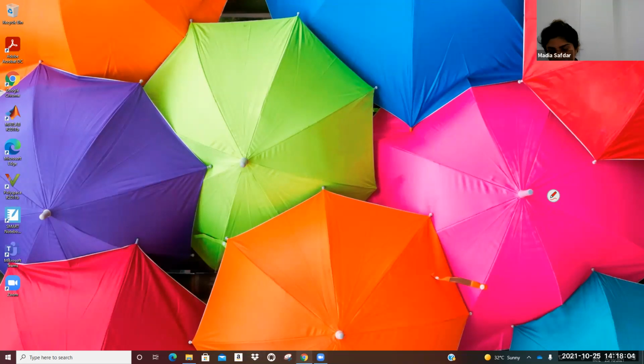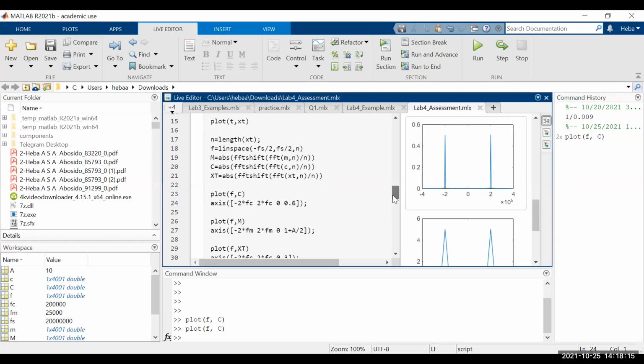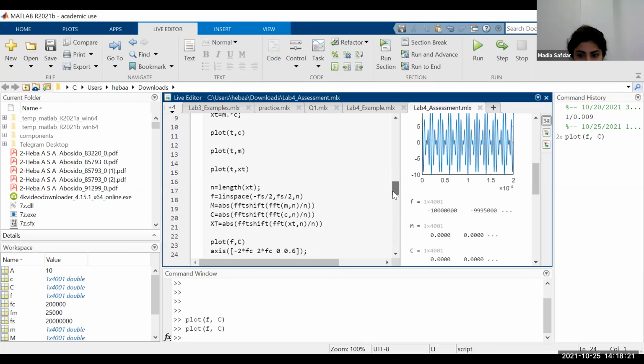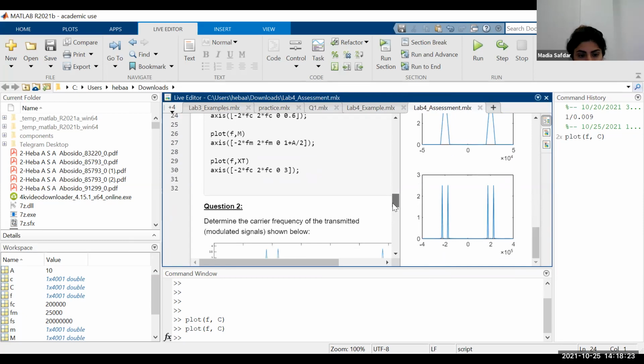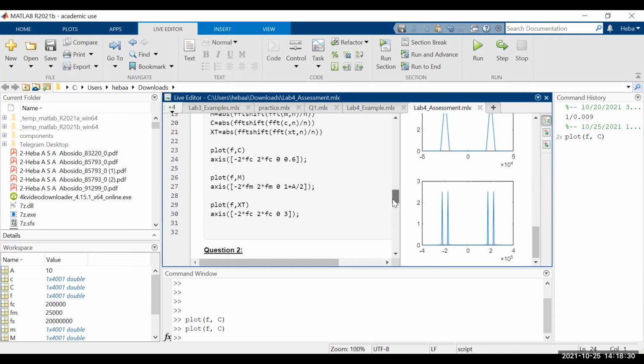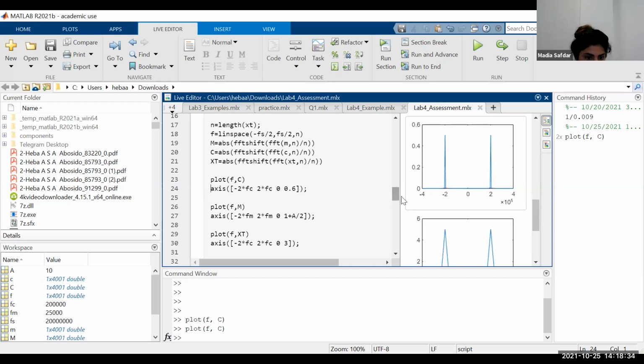There will be minor change in the scaling. Only the first one is different, because the cosine, your sinusoidal signal, is the same. So this is right. There will be minor difference in the scale.